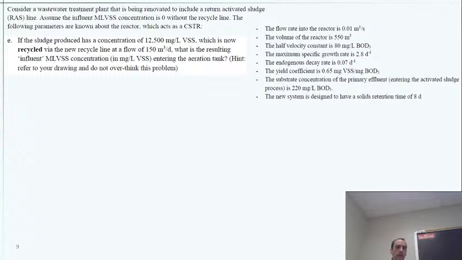And I say, hint, refer to your drawing, so draw it up again if you need to, and do not overthink this problem. Okay, so take a couple minutes and approach that. I'll go ahead and write up the equations that we've done so far for this and the next slides, but take a look at that. Make sure to draw up your system to identify what it's talking about here.